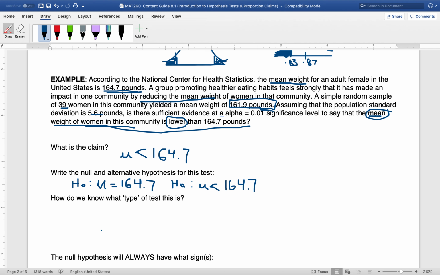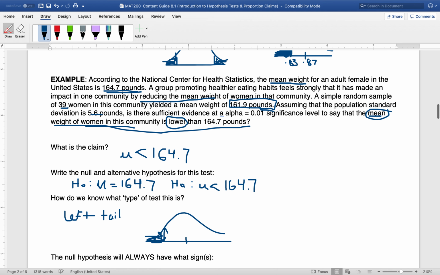So this would be a left-tailed test. It's called a left-tailed test because we have the left tail filled in. So we're looking for the left percentage here.